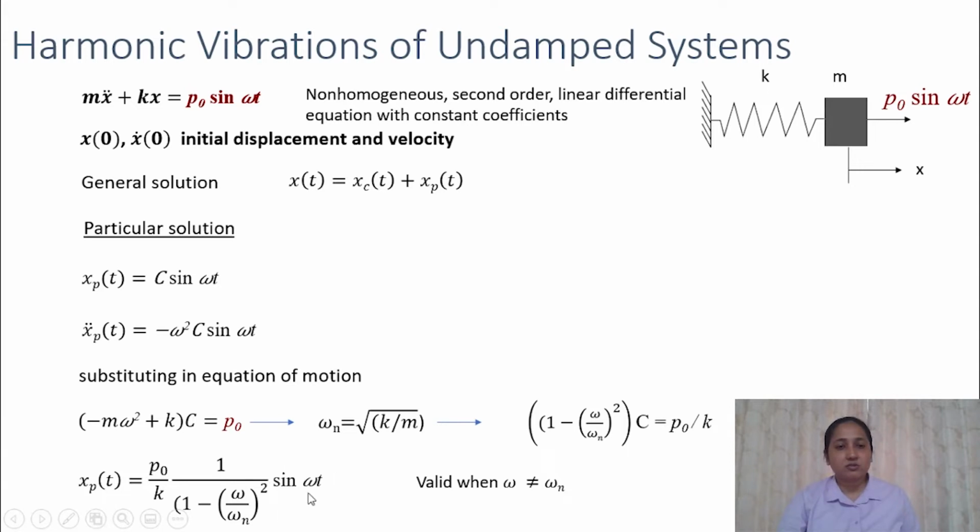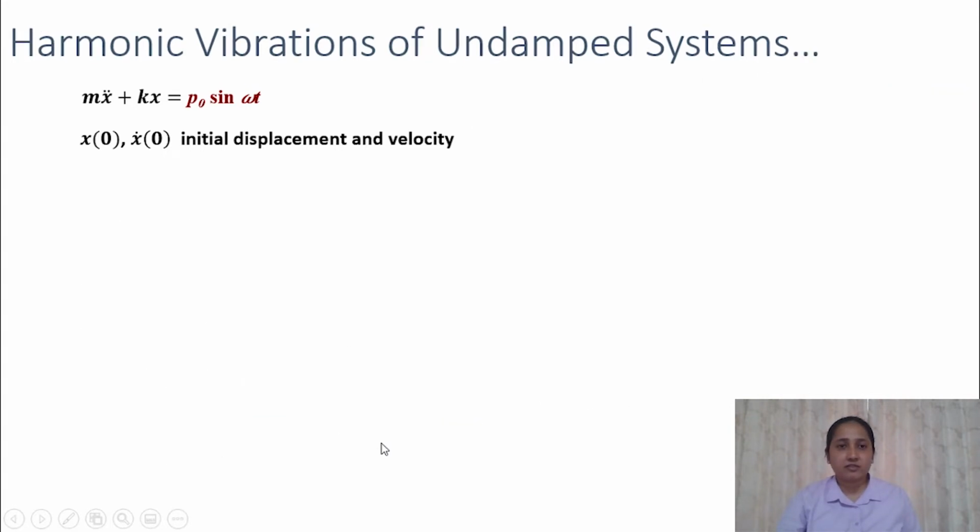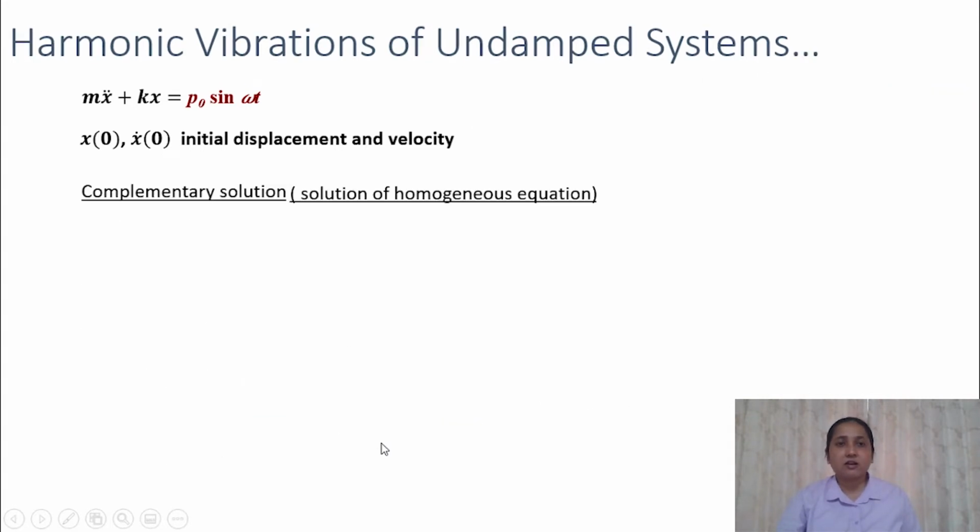Now we'll look into the complementary solution of this equation. So again we have the same differential equation. Now we will look at the complementary solution. As we have discussed in the previous slide, the complementary solution is equal to the solution of the homogeneous equation, that is when this is 0, similar to the free vibration condition.